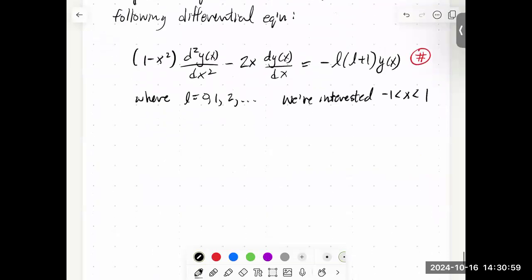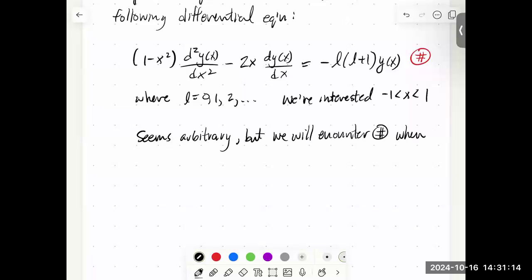Maybe I'll just make a comment. This seems arbitrary, but we will encounter number sign when solving del squared V equals 0 in spherical coordinates.